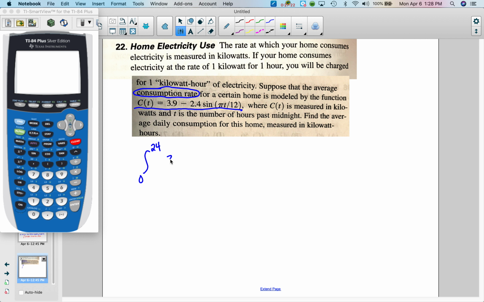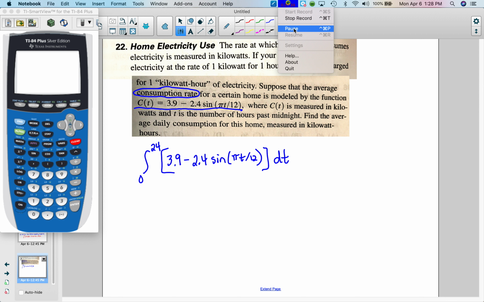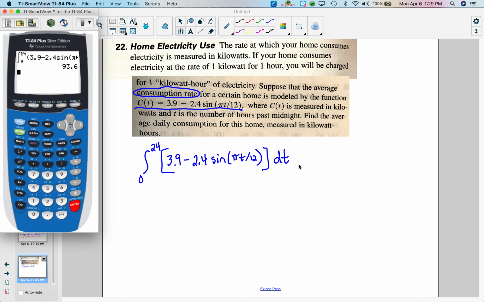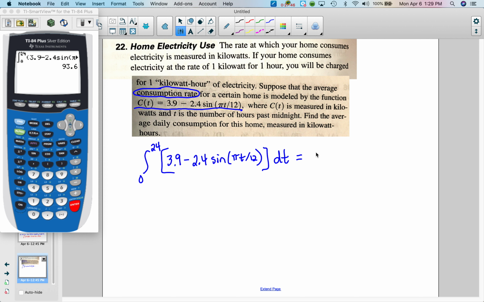And then we'll have 3.9 minus 2.4 sine pi t over 12. I'm going to put some brackets here, dt. Then you can actually go to your calculator. You can punch that, just be careful with parentheses and all that kind of stuff, but you should show that you can get 93.6, and that would be in kilowatt hours.